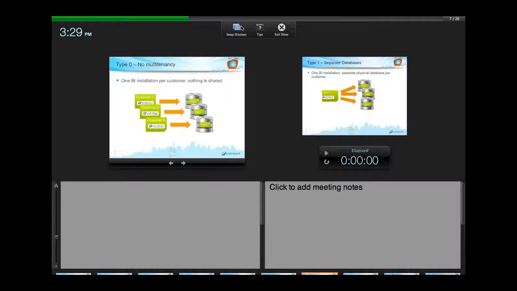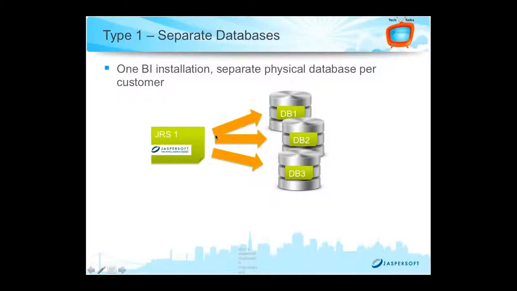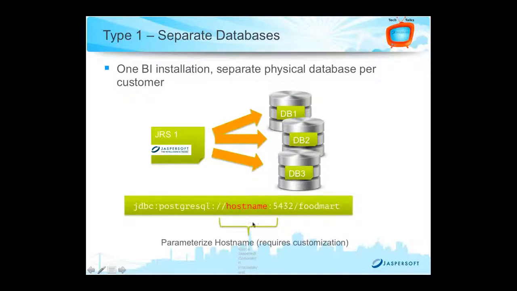But let's talk about type 1. So type 1 is when you separate your databases. So you have one Jaspersoft installation with a separate physical database per customer. So what we're doing here is, depending on who you are, we want to be able to route you to the data where you're storing your customer's information.